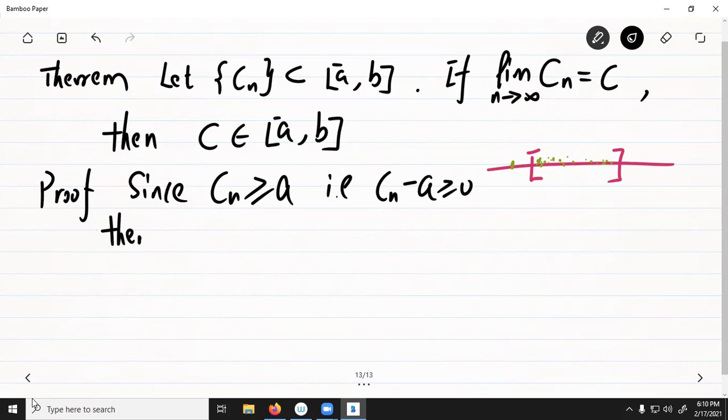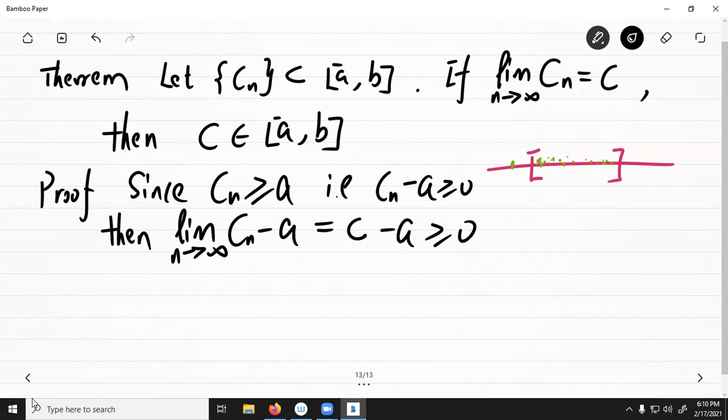Then by the lemma we just proved, the limit as n approaches infinity of Cn minus A, which is equal to C minus A, is greater than or equal to 0.